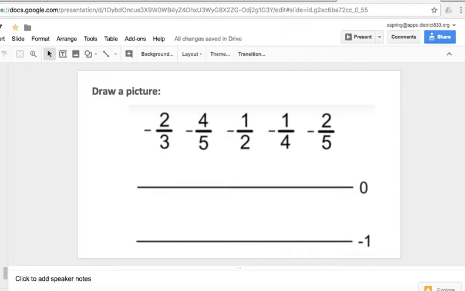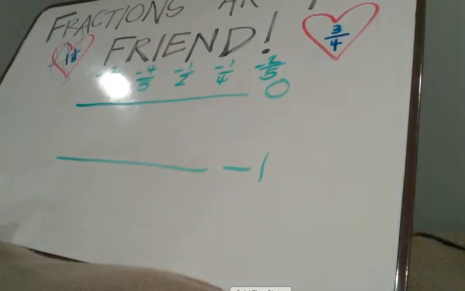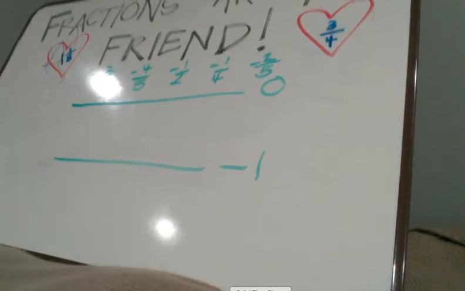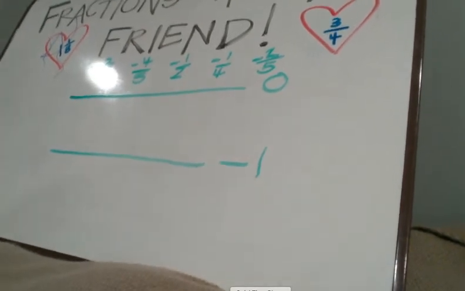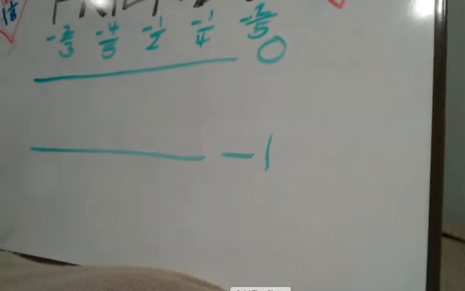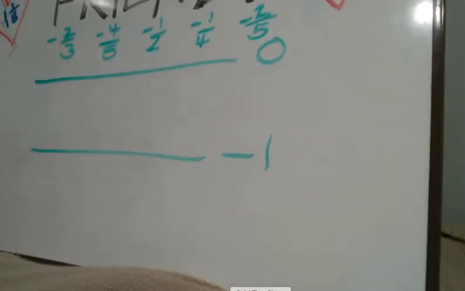to compare these fractions. So -2/3, -4/5, -1/2, -1/4, and -2/5. And you might already be thinking about one of those other strategies to help you figure this out, but I want to show you one more way to look at it. If you think about this like a number line, but written up and down instead of left to right, -2/3.